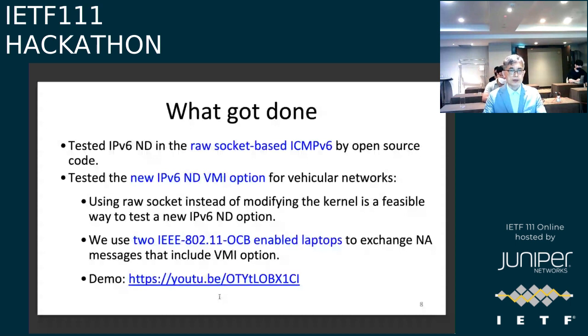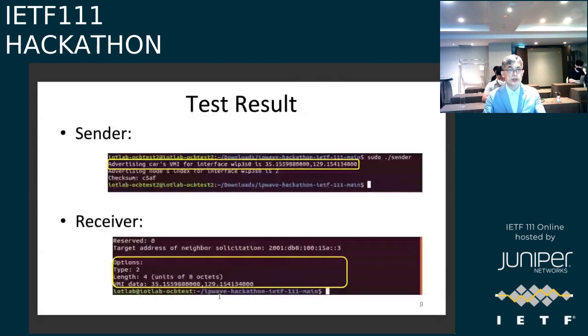Last time, we tried to use a kernel modification, but it is not easy. So this time, we showed the feasibility of the raw socket approach. We tested two IEEE 802.11 OCB enabled laptops to exchange NA messages that include the VMI option.